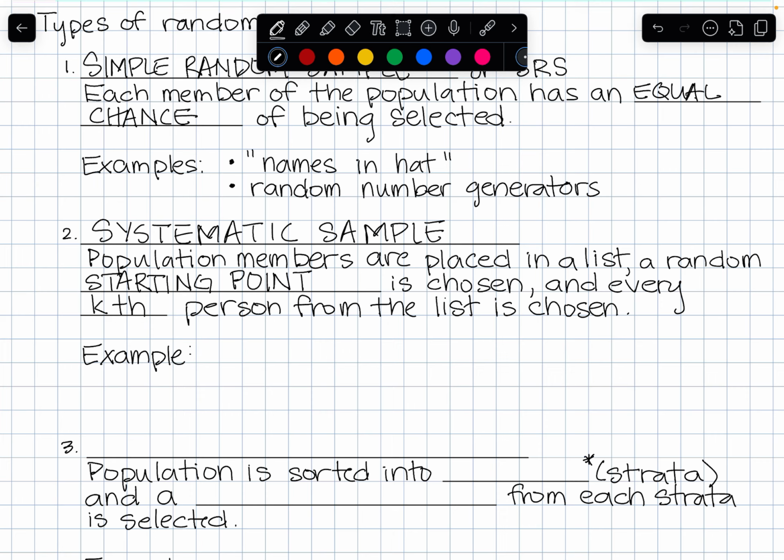So for example, I would put students at Shasta College in a list by student ID. I would randomly choose a starting point.